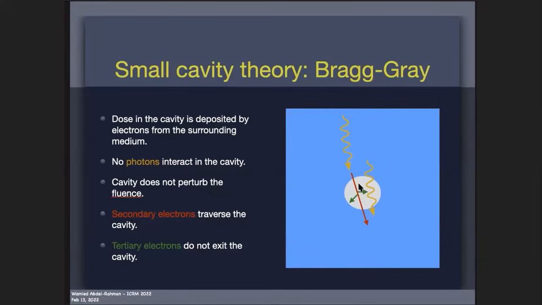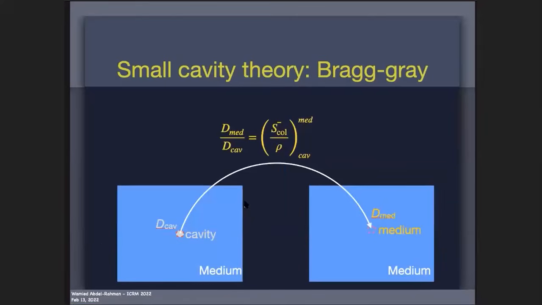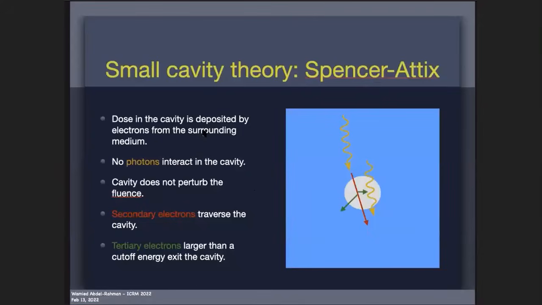And the tertiary electrons are neglected, but the secondary electrons do not exit this cavity. So if these conditions are met, then we can relate the dose in the medium to the dose in the cavity by the ratio of the collisional stopping powers, medium to cavity. Now, that's called the Bragg-Gray cavity theory.